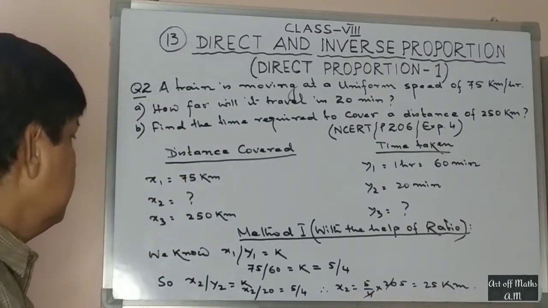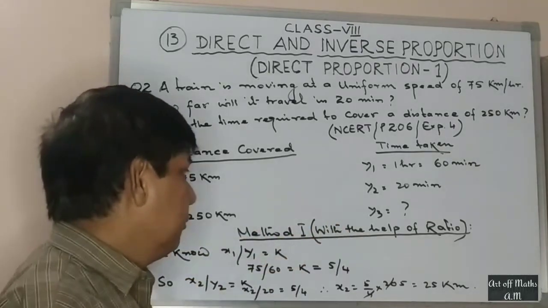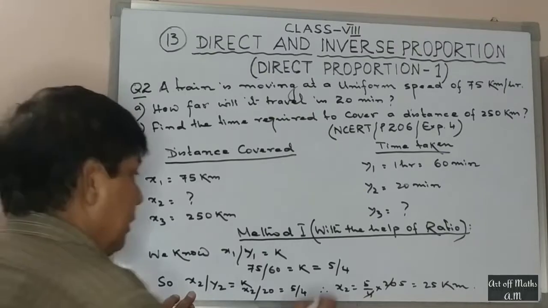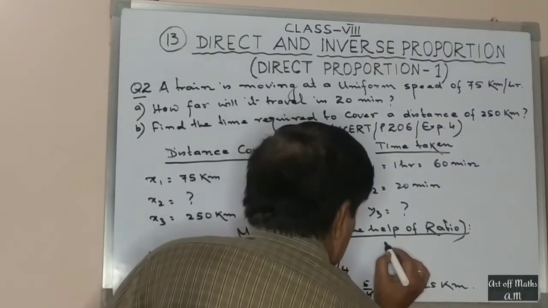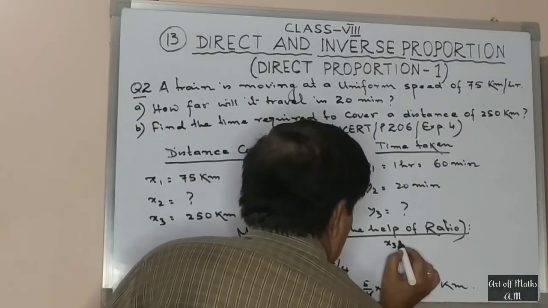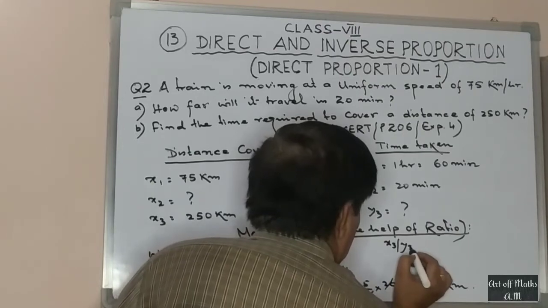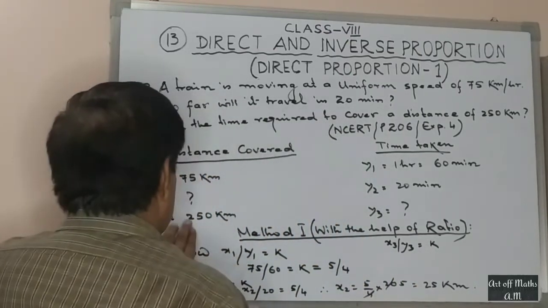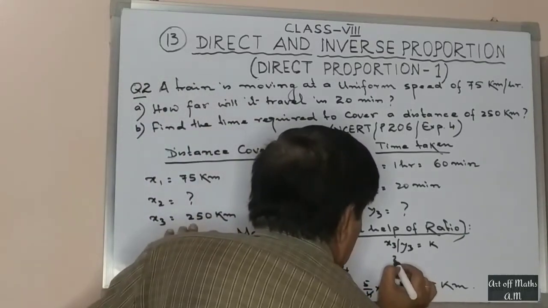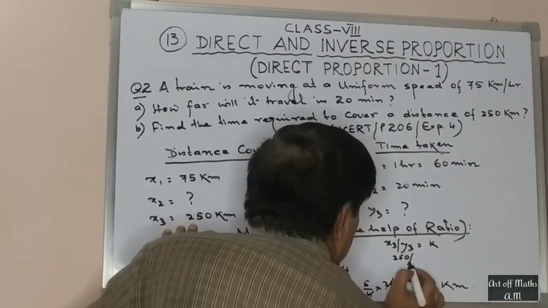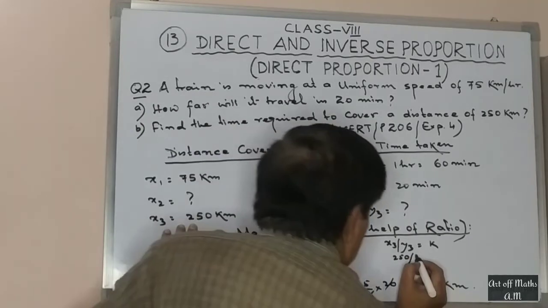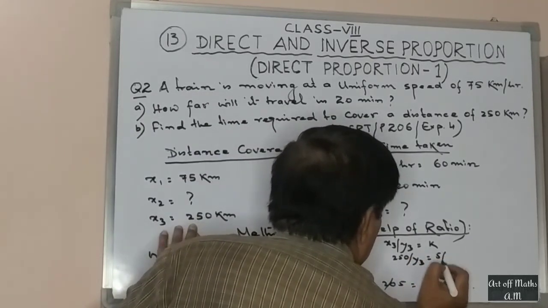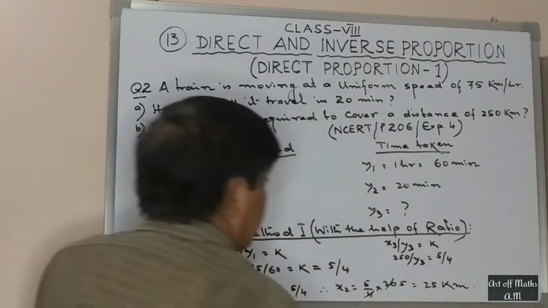Now we have to find another one, y3. The same formula will apply. x3 by y3 equal to k. x3 is 250, divided by y3, equal to 5 by 4.